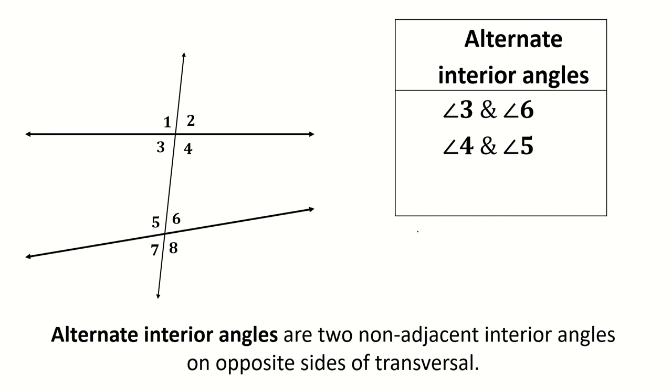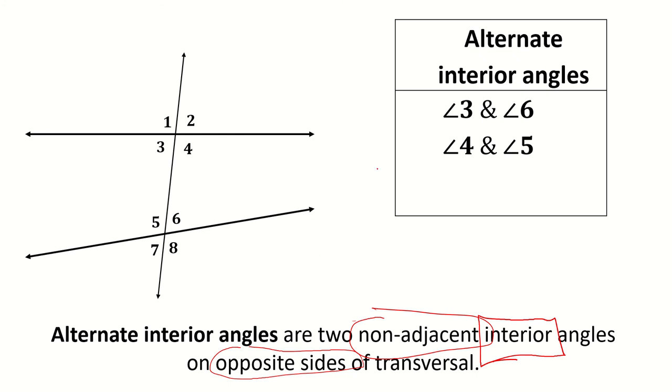When we talk about alternate interior angles, still, they are non-adjacent, but interior angles. Both are non-adjacent interior angles. And at the same time, based from a transversal, they must be on opposite sides.